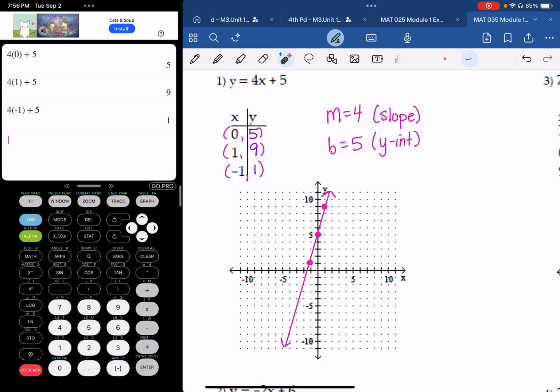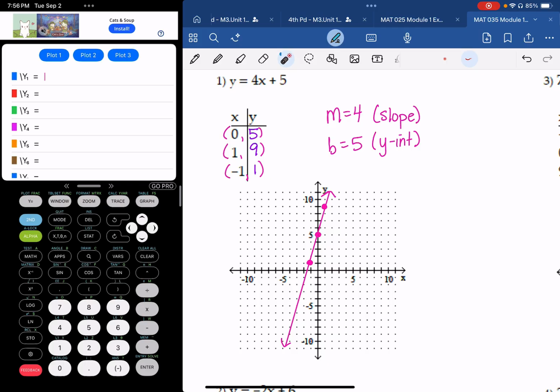Now, if you wanted to use your graphing calculator to help you, if you go to y equals, okay, y equals is right here, kind of see it light up, and then we type in that function. So we're going to type in 4. The X key that you're going to use, if you look, it'll light up real quick right here, X,T,theta,n, it's right beside that green alpha key, and then plus 5.